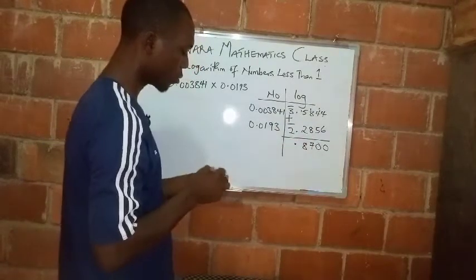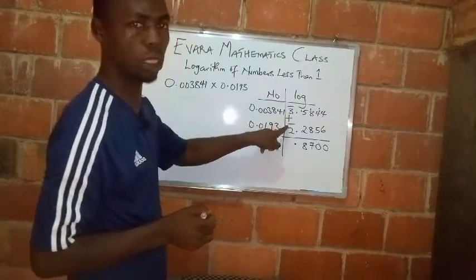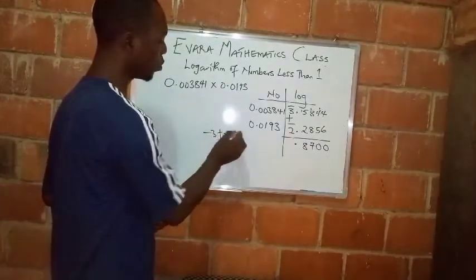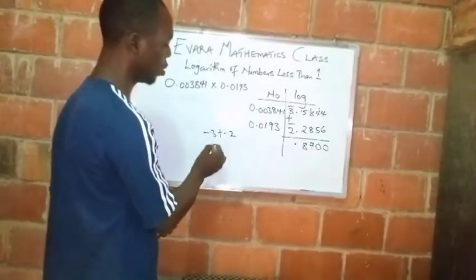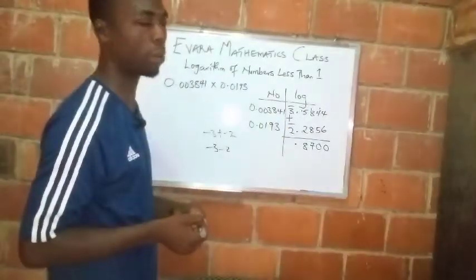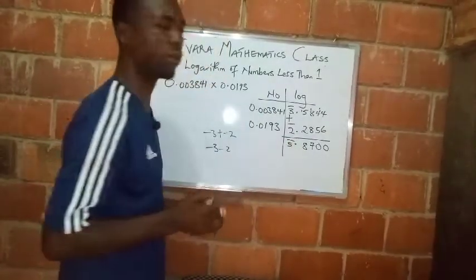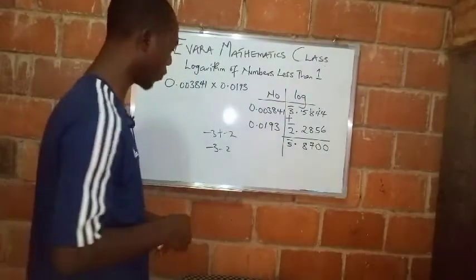So this one now is minus 3 plus minus 2. Plus and minus will give us minus. So that means minus 3 minus 2. Minus 3 minus 2 is what? Minus 5. So that means here is going to give us bar 5. So we call it bar 5, not minus 5.